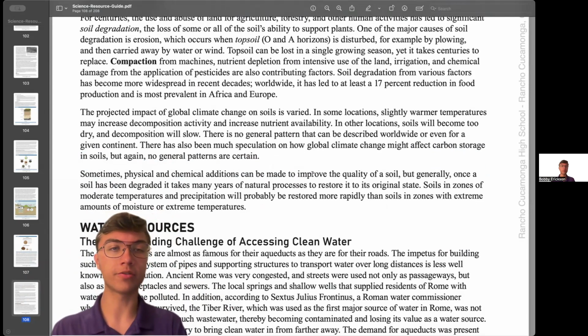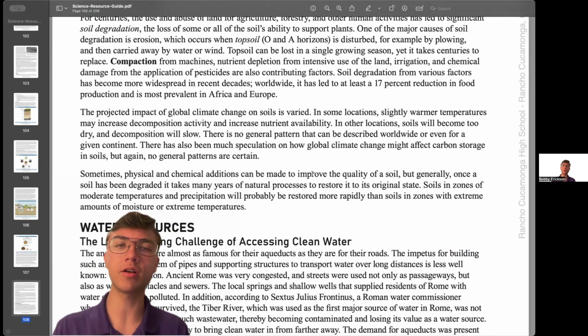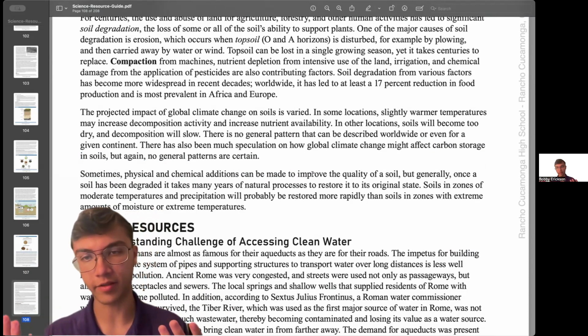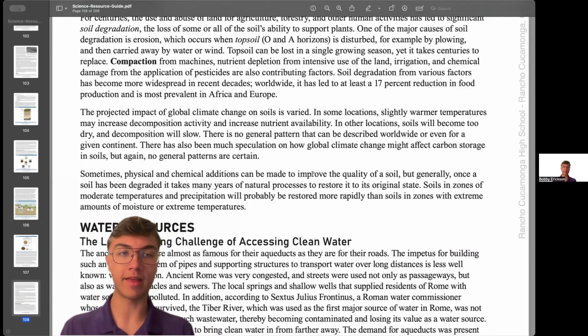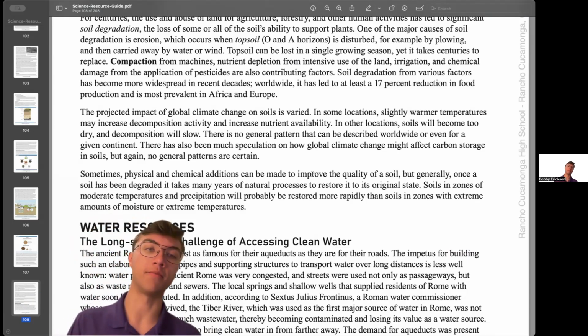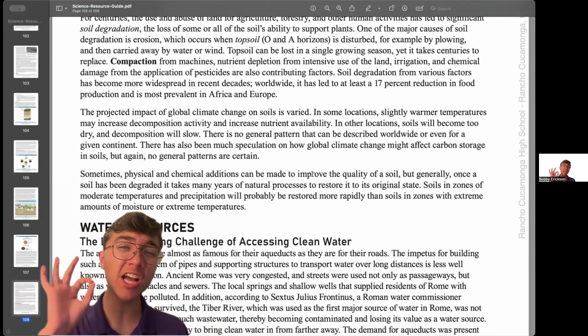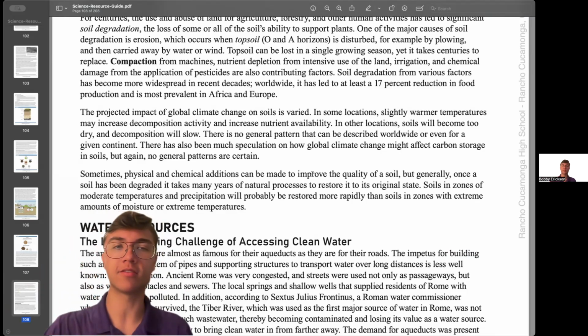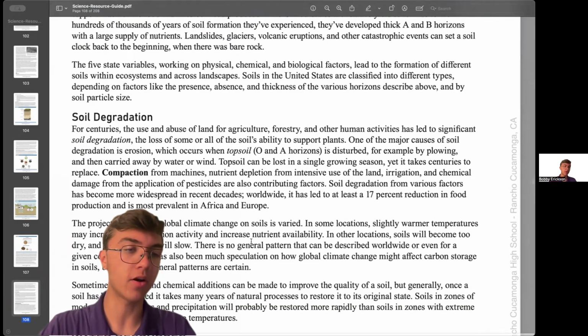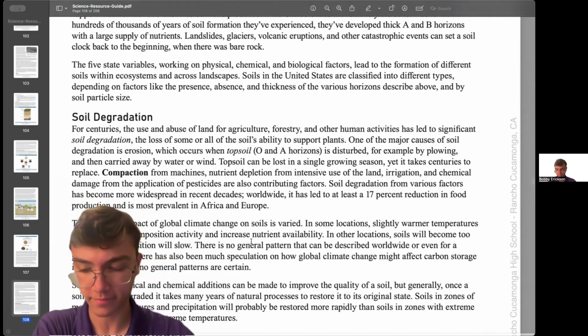Now, soils with moderate temperatures and precipitation are usually restored, as you would expect, more rapidly than those with extreme amounts of moisture or extreme temperatures. So if we have moderate amounts, we're good. It's like the Goldilocks zone. We're trying to eat that porridge that's just right, just same as the soils. And so that ends our discussion of soils here.